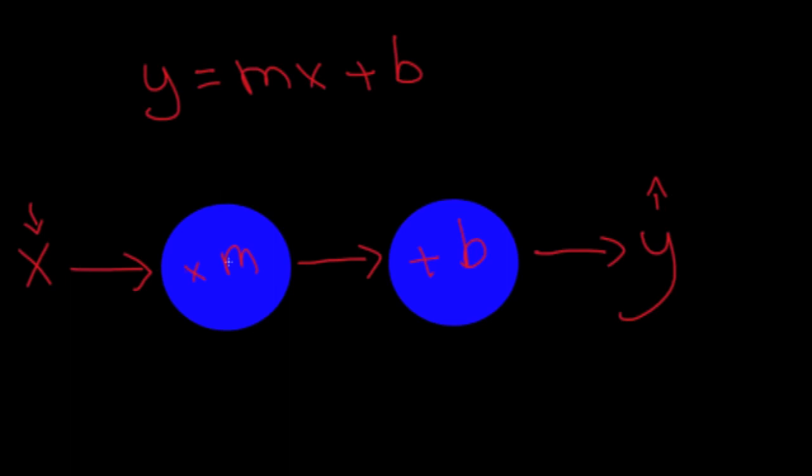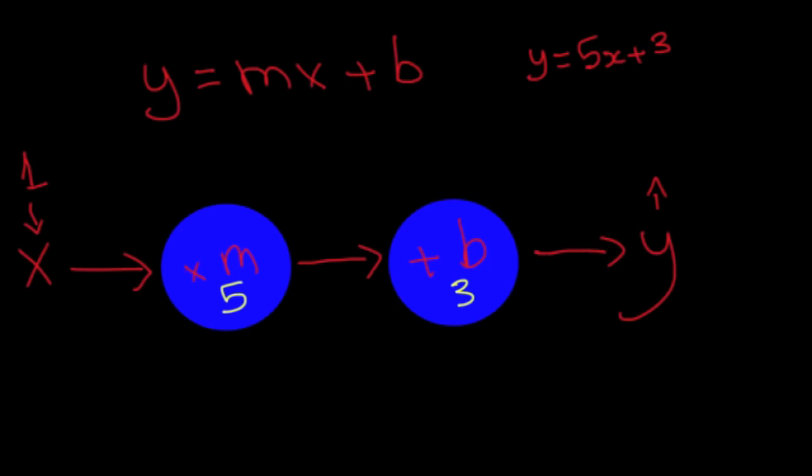So your m and b can be about anything, any number. So let's just say our equation is y equals 5x plus 3, and we're given 1. Okay, let's put 1 in here. In this case our m would be 5 and our b would be 3.